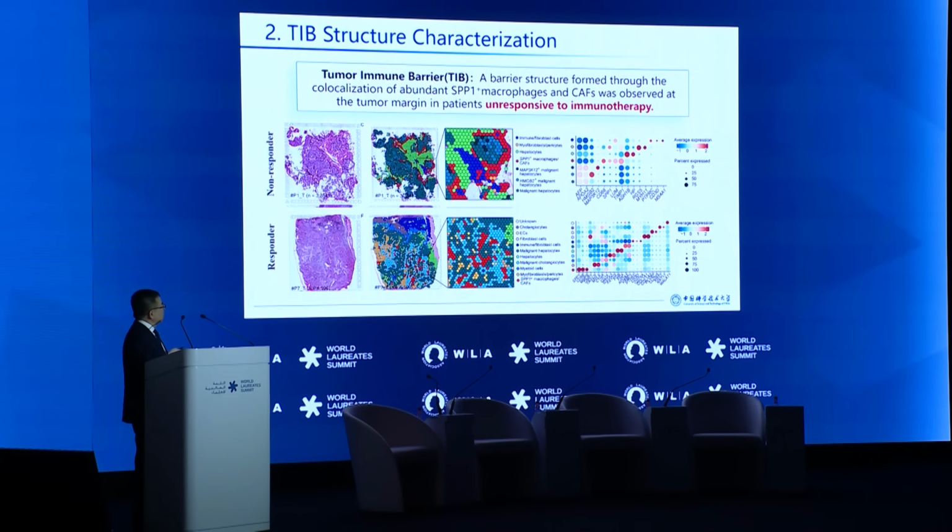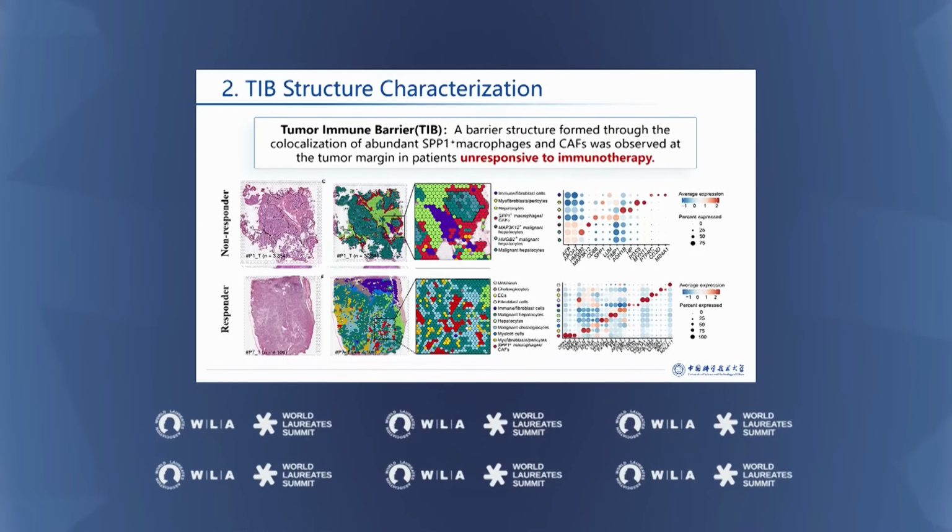We identified the tumor immunobarrier, a barrier structure formed through the colonization of abundant SPP1 positive macrophages and cancer-associated fibroblasts, observed as a tumor margin in these non-responding patients.